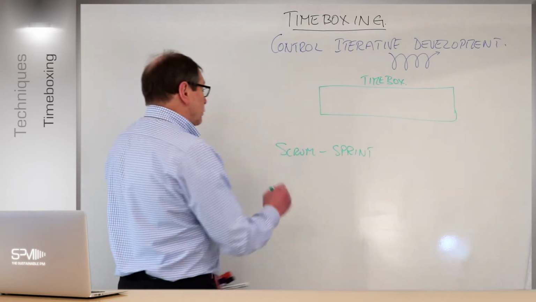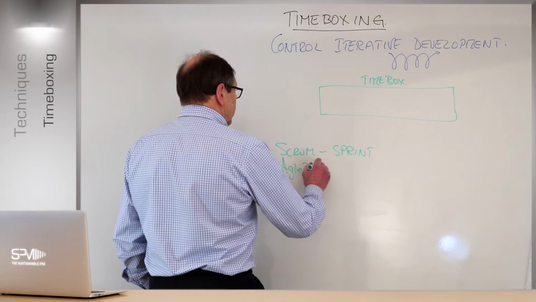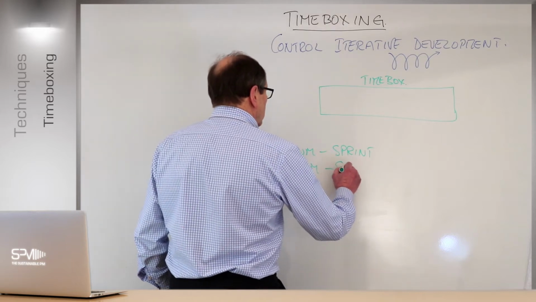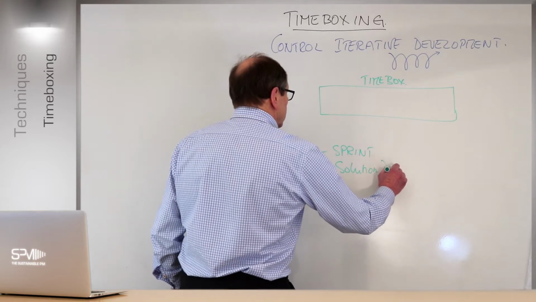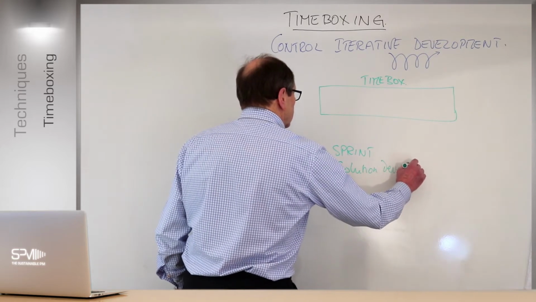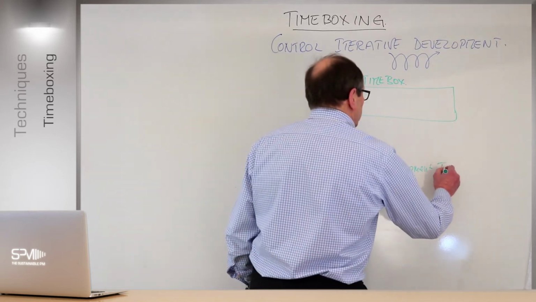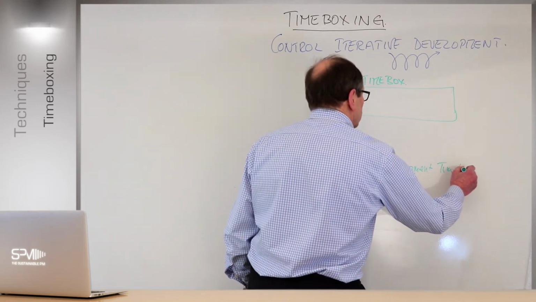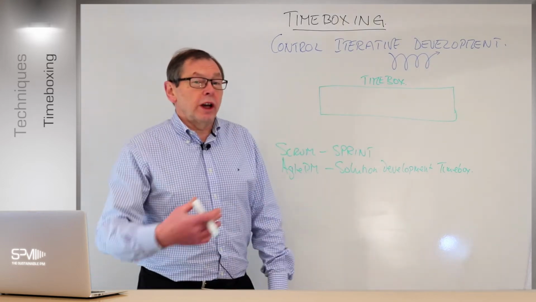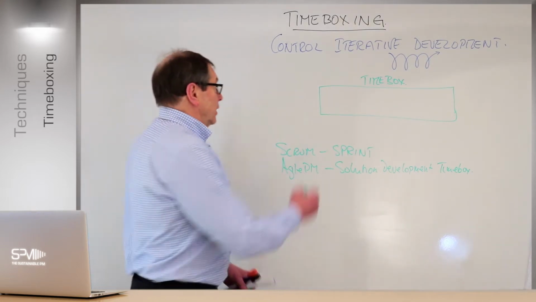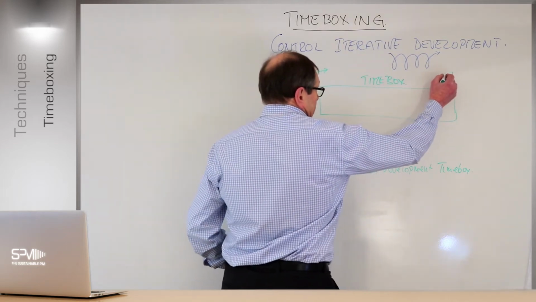From a DSDM perspective, in Agile PM, for example, Agile PM from DSDM, they call them solution development time boxes, is its full term, solution development time box, which is rather a mouthful actually, obviously. So we stick to the word time box. But in its general term, it is a generic term called a time box. And it is that, it's just locking the time frame from here to here, right?